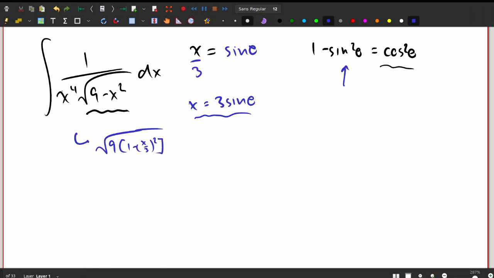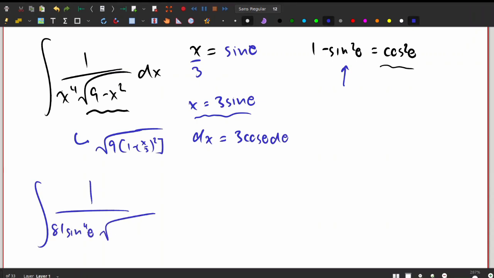So now let's rewrite the integral in terms of theta. But firstly, we have to say that dx, which is the derivative, is going to equal 3 cos theta d theta. So this is going to become 1 over 81 sine to the 4th theta times the square root of 9 minus 9 sine squared theta, and our dx is going to become 3 cos theta d theta.